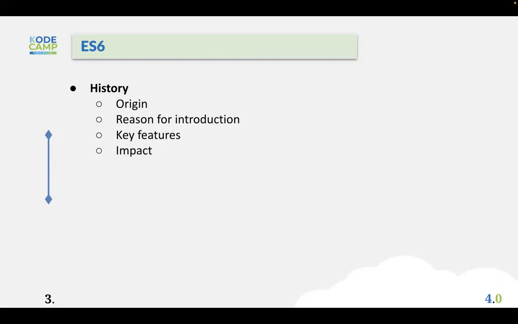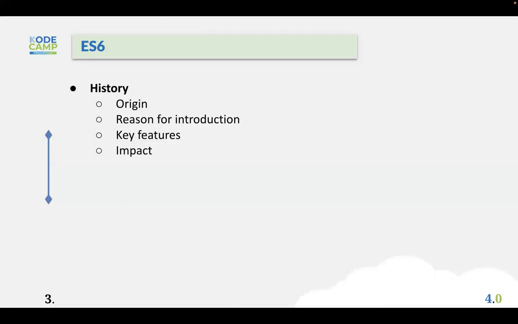It has made JavaScript a more powerful and versatile language that can be used to create a wider range of applications. The introduction of ES6 has also helped to make JavaScript more popular among developers, and even beginners can use JavaScript with confidence, because before the introduction of ES6, JavaScript was kind of tricky and more difficult to write in.